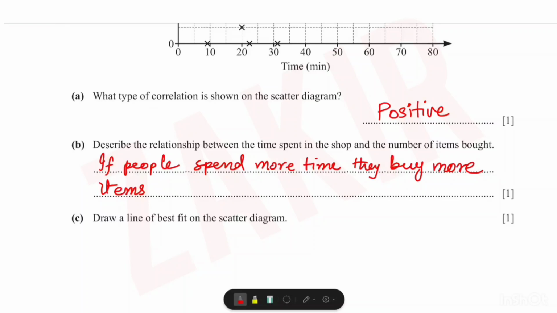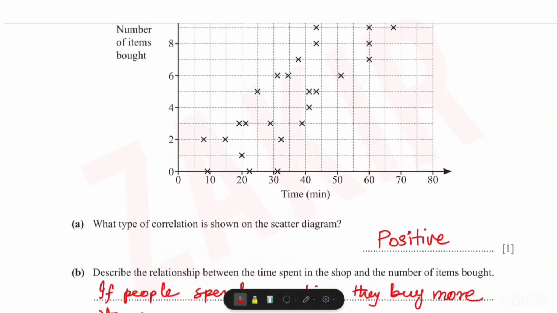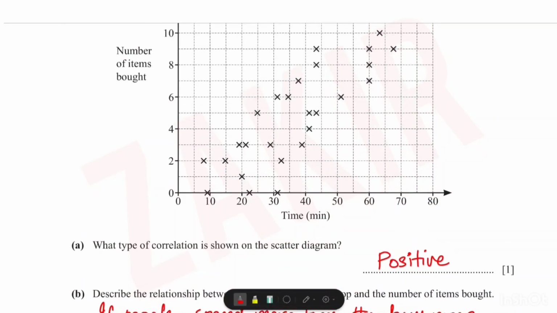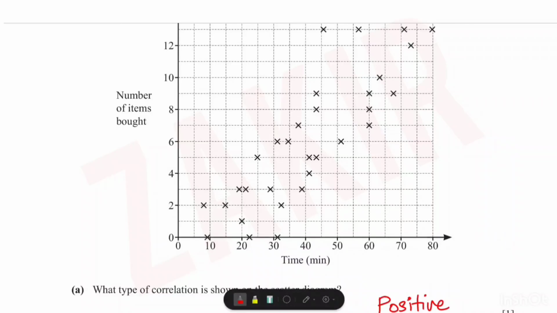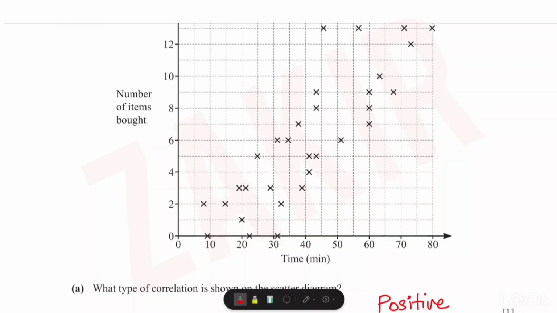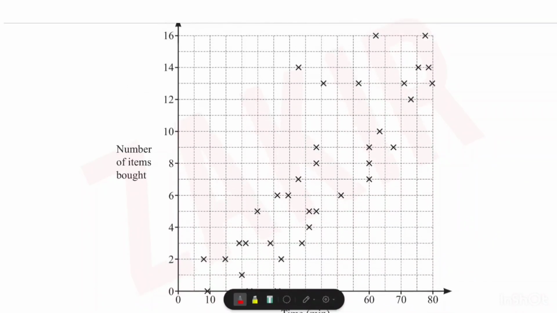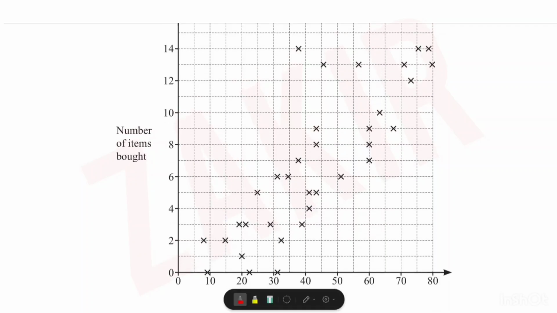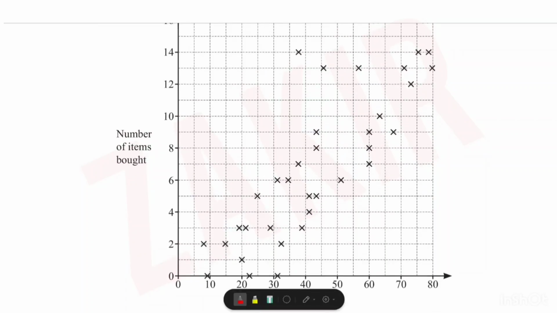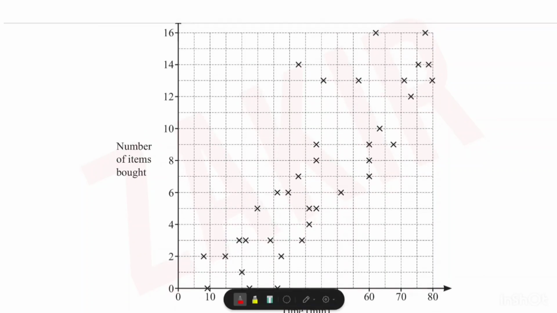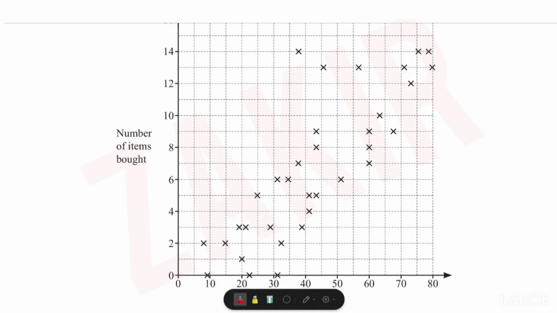Okay. Then it says draw a line of best fit on the scatter diagram. So how can we draw that line? We can draw that line using the idea that points should remain around that line. Okay, more points lie around that line.